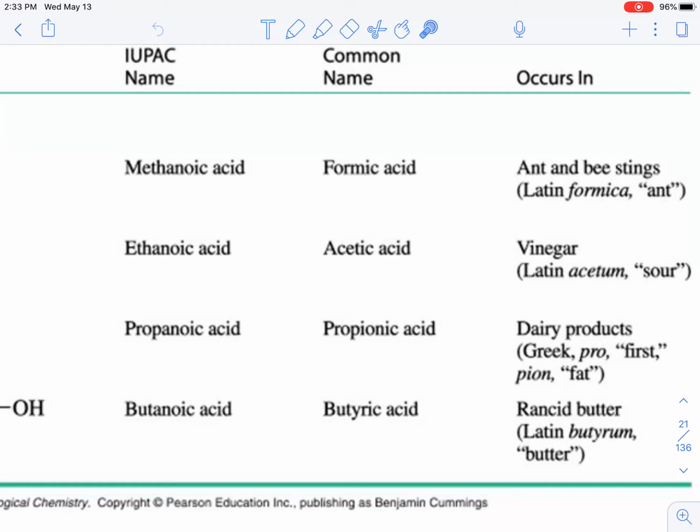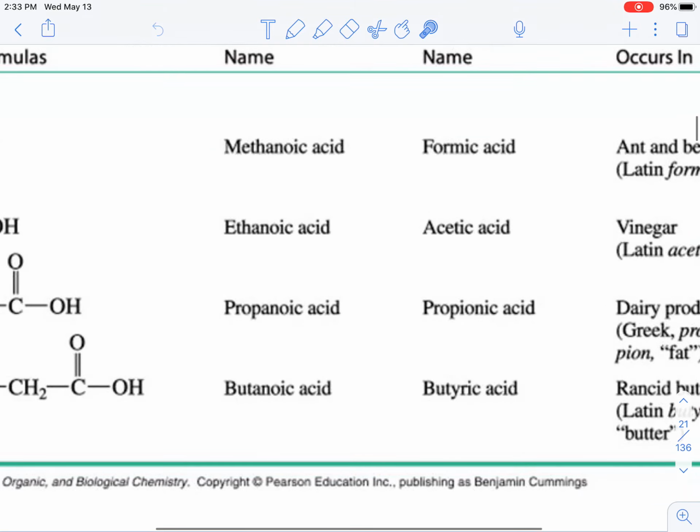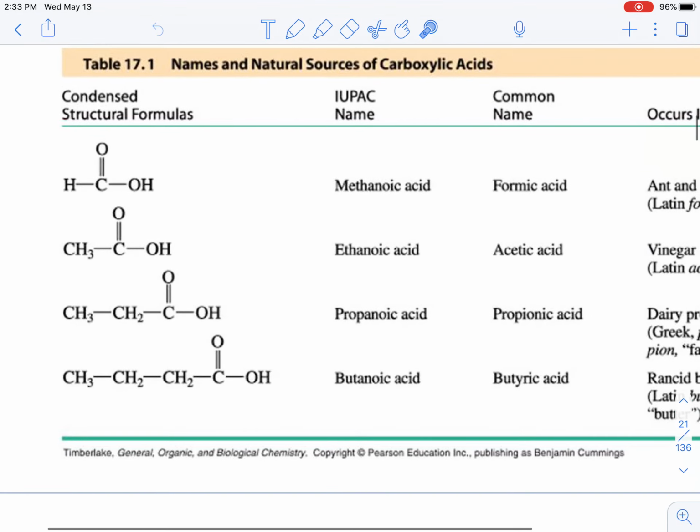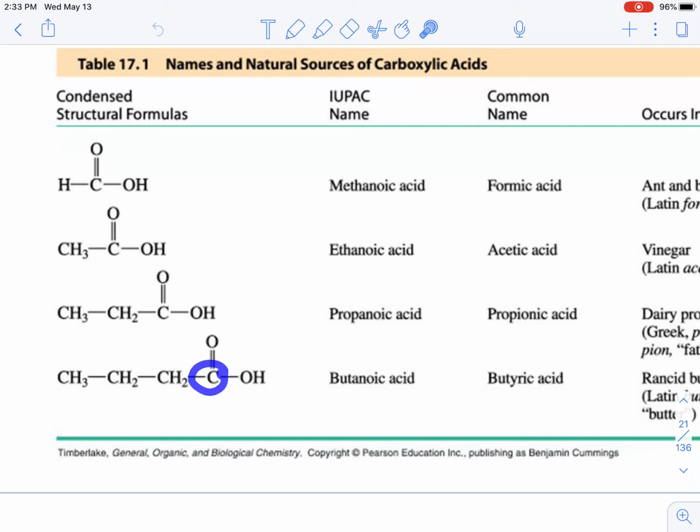The common name for a 4 carbon carboxylic acid is called butyric acid, and that's commonly found in butter, rancid butter. This is the condensed structural formula. Here we have a 1, 2, 3, 4 carbon carboxylic acid. Notice I'm including the carbon that makes up the carboxylic acid.